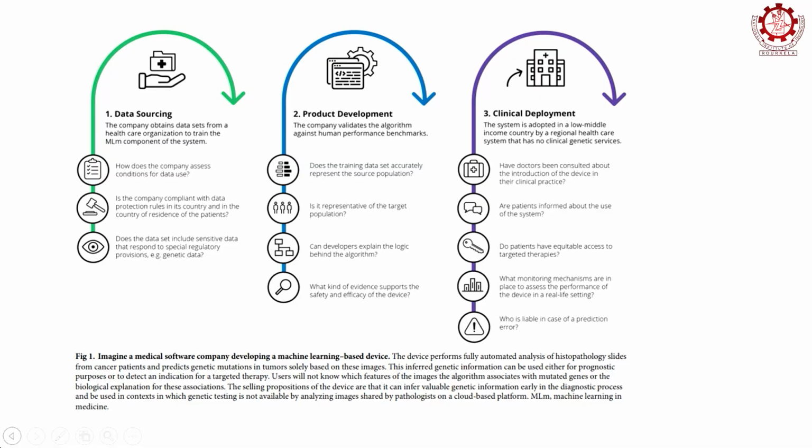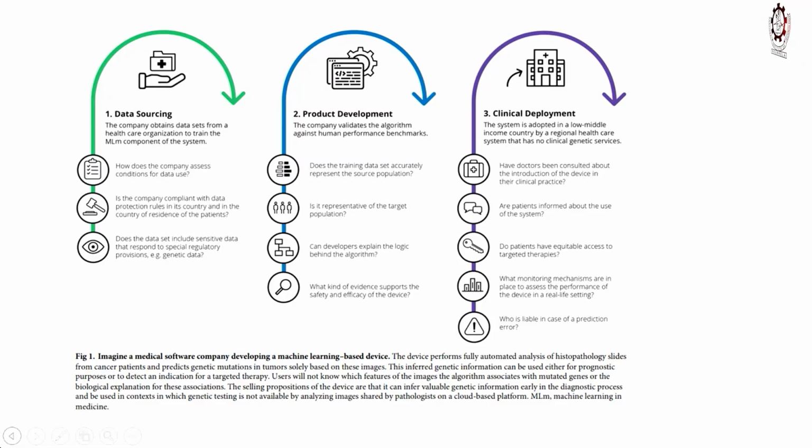Now, the questions that we have to think about and address here: first, how does a company assess the conditions for data use? Next, is the company compliant with data protection rules in the country? And we'll see in the course of the next few slides, the data protection rules are different from one country to another, right?